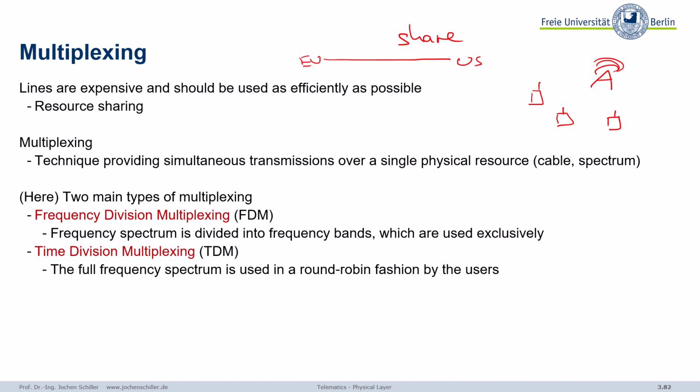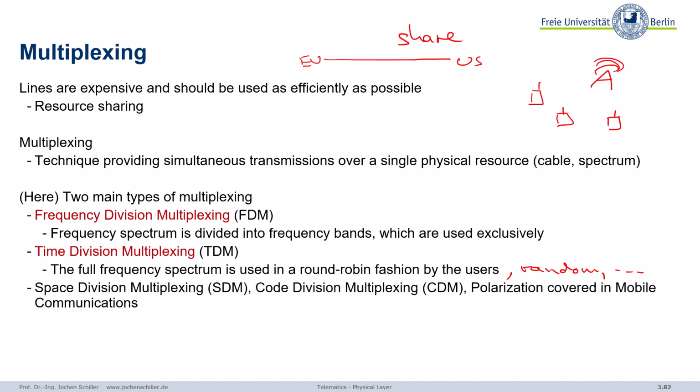So we subdivide time. And then we can, for example, use this in a round-robin fashion. That's one way. Or we can use this in a random fashion, or whatever you like. Here we will not have a closer look into space division multiplexing, code division multiplexing, polarization, etc. I cover this more in mobile communications course.